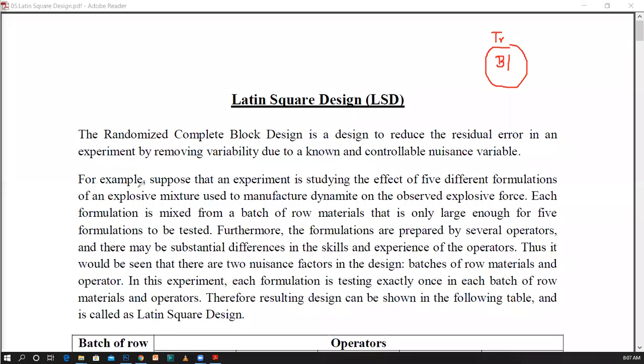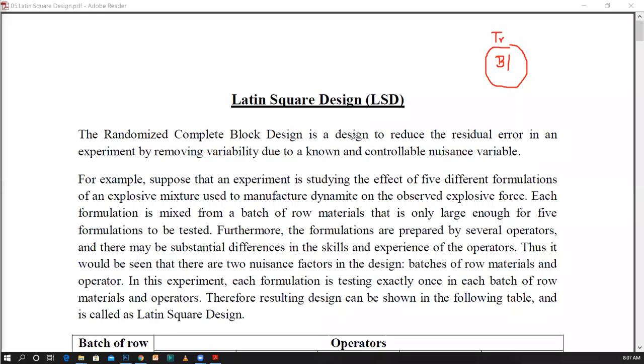But when we are going to deal with these experiments, in some situations we do not have just one nuisance variable. In such situations, you cannot deal with block designs. For some situations, we will have some limitations.